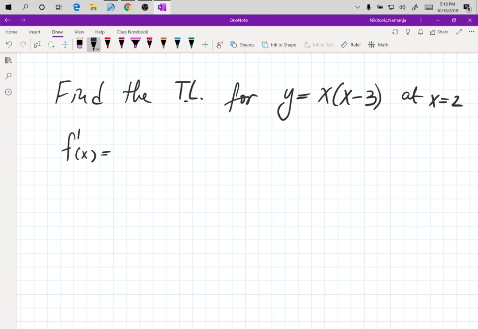We could have multiplied, but whatever. So now, slope m is the derivative calculated at the point a. In our case, derivative calculated at 2, because the point at which they want the tangent line is x equals 2. So 2 times 2 minus 3 equals 1. So slope is 1.